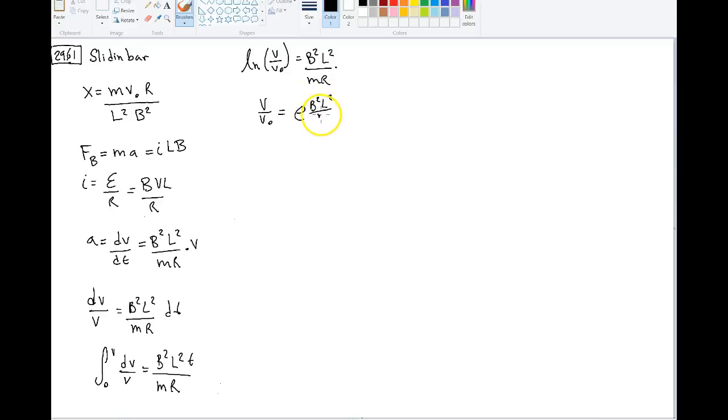I don't like that format because this implies that the velocity grows. I want a negative sign here. Because it should look like this. V is equal to v0, e to the negative B squared L squared t over mR. That way it reduces to 0, right?